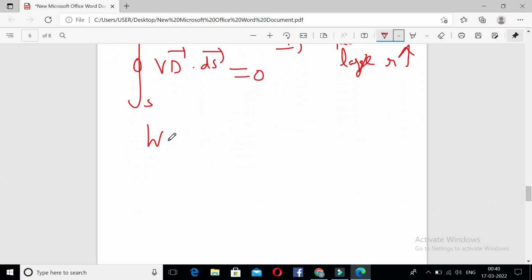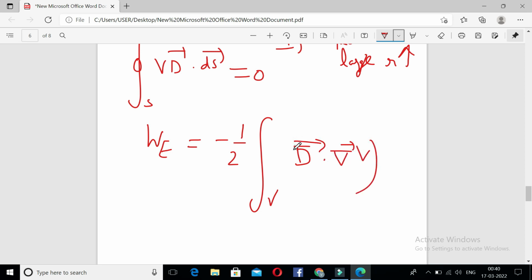So WE is equal to minus 1 by 2 integral of D dot del V dV.